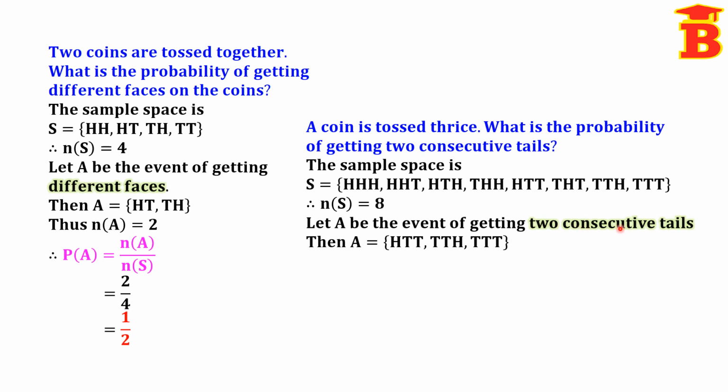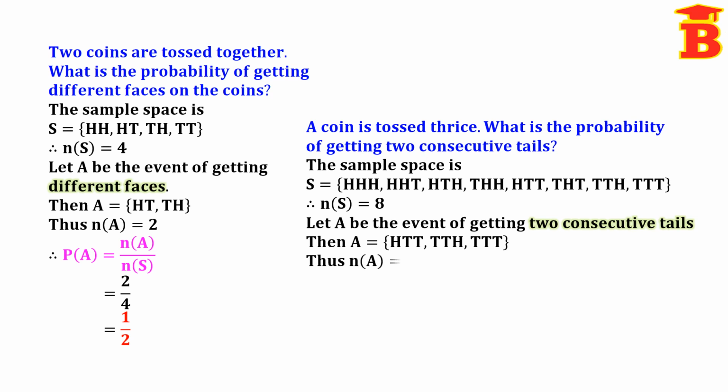Two consecutive tails. So definitely we must have TT together. So the possibilities are only HTT, TTH, TTT. Here see that two T's are together. Here also two T's together. Here also two T's together. You can take any two T's.